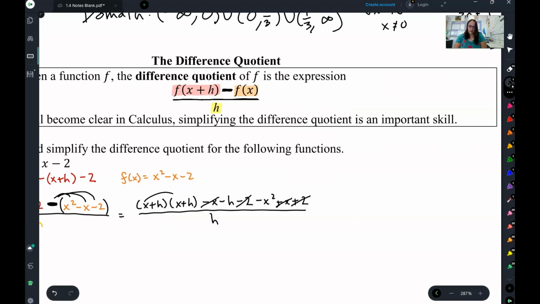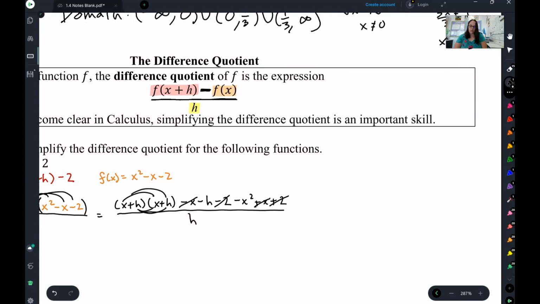So next thing, I need to FOIL this out, simplify it all. So x times x is x squared, x times h is xh, h times x is another xh, so that is 2 xh's, and then h times h is h squared.